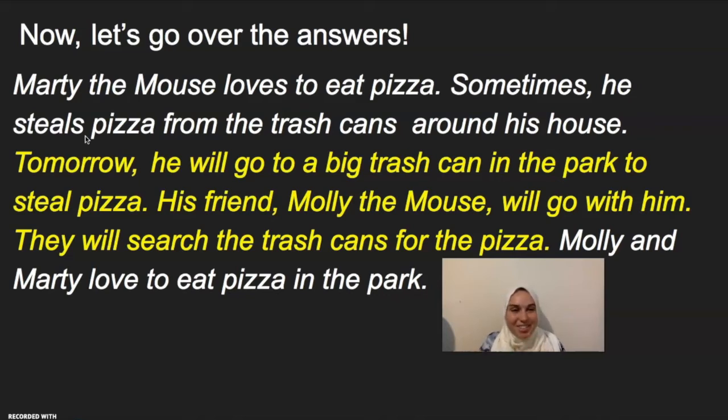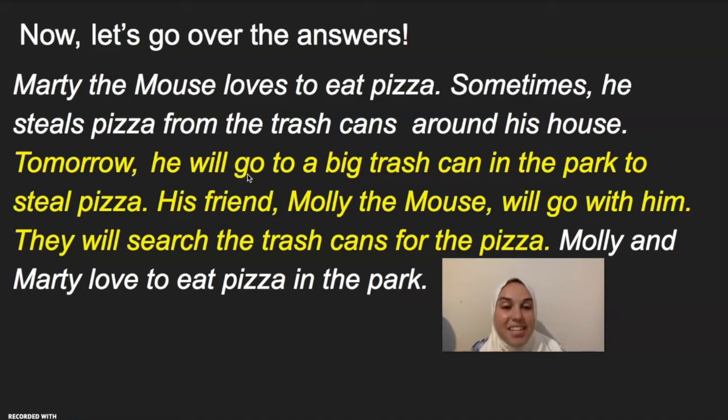Let's look at the next sentence. Tomorrow, he will go to a big trash can in the park to steal pizza. Interesting. He will go. We have our will, which indicates that this has not happened yet, that it will happen. And we have our go, which is our verb in the infinitive.